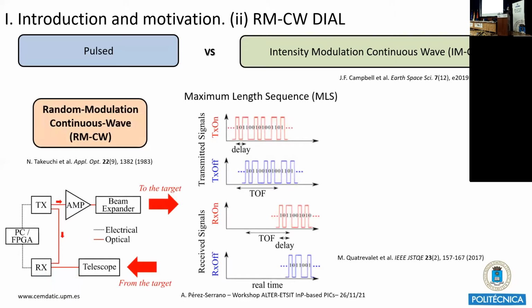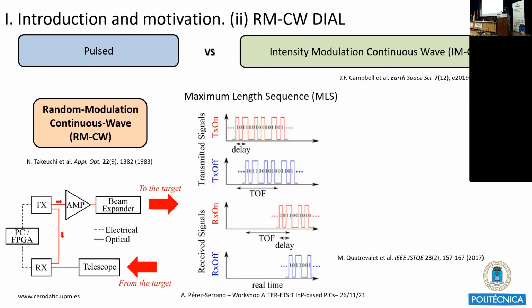The good thing about these techniques is that they allow low peak power requirements, so lasers such as semiconductor lasers, which don't have a peak power as high as fiber or solid-state lasers, can be used. And also semiconductor lasers, as you know, allow photonic integration. That is what we exploit in this work.